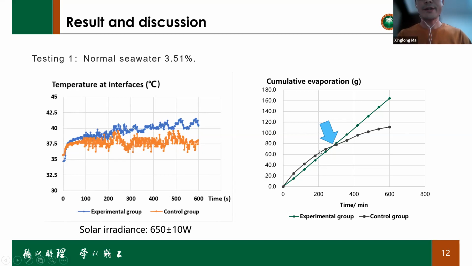Look at the right figure. It shows the evaporation rate of the control group is higher at the beginning. Then it became slower, and the evaporation of the experimental group keeps increasing.